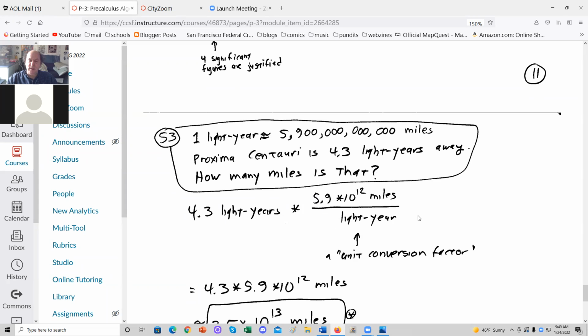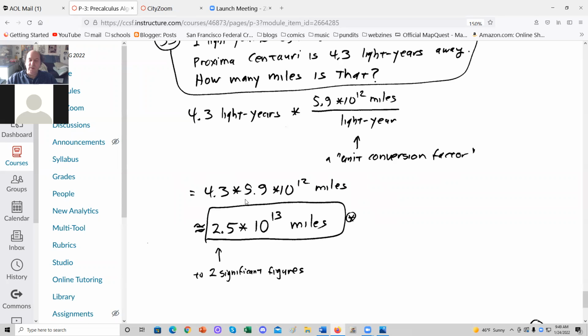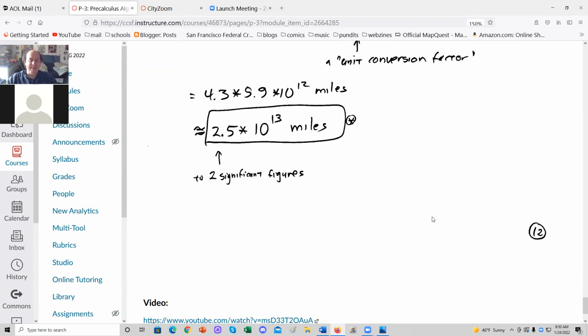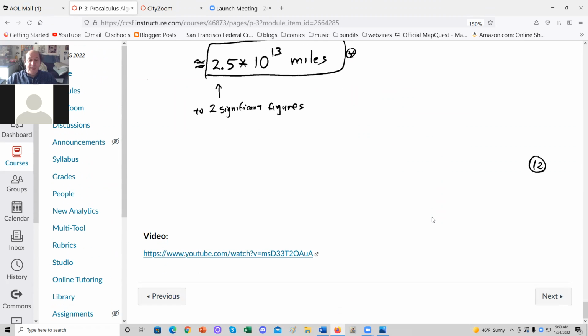Light year units cancel, we're left with 4.3 times 5.9 times 10 to the 12th miles. And after a little bit of work, where 4.3 times 5.9 is bigger than 10, so we move a power of 10 over, and get 2.5 times 10 to the 13th miles, 25 trillion miles away for the closest star. It's a big universe. Okay, I think that covers that. Let's shut this down.